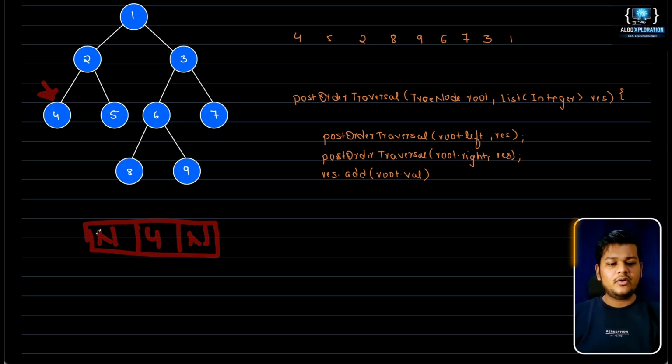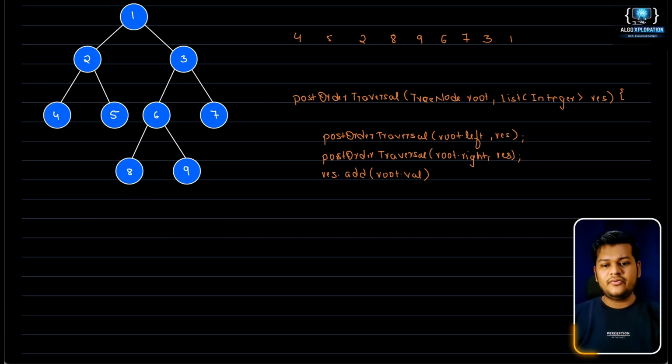When I'm following this for this node, I will be processing the left part. Now the left part is null, that means it doesn't have any address of the left child. So basically I'm passing null. If null is getting passed, I don't need to do anything. I need to straightforwardly come back to the root, or the parent.